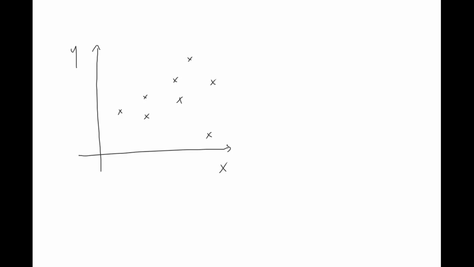So the idea is that our typical line might look something like this, but when I add this extra point here, it has a lot of influence on the fit. And so you may end up with a line that looks something like this, and that would be the line that would minimize your squared error term. Because this point is so far out from the rest of the points, it has a much larger influence.